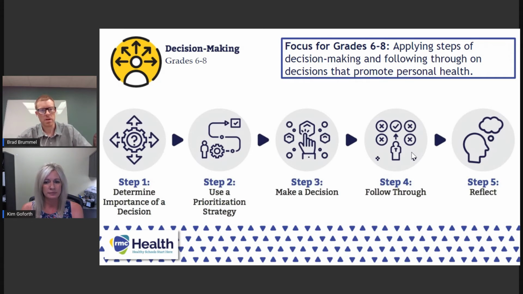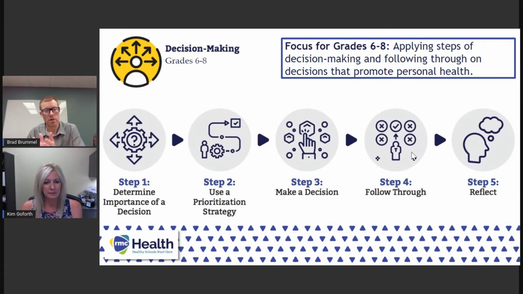At the middle school level, this is what that step-by-step process looks like. Step 1 is determining the importance of a health decision. This is the only step that's different for high school, so I'll say that now as you're going through these. Step 1 is determining how important this decision is. That helps us decide if we can do it by ourselves, if we need help, or maybe I don't even need a thoughtful process and I'm just going to move forward with my gut reaction. That's step 1 at the middle school level.